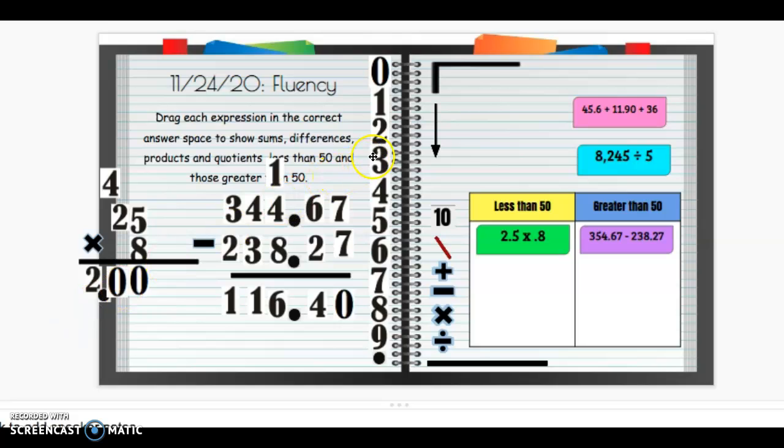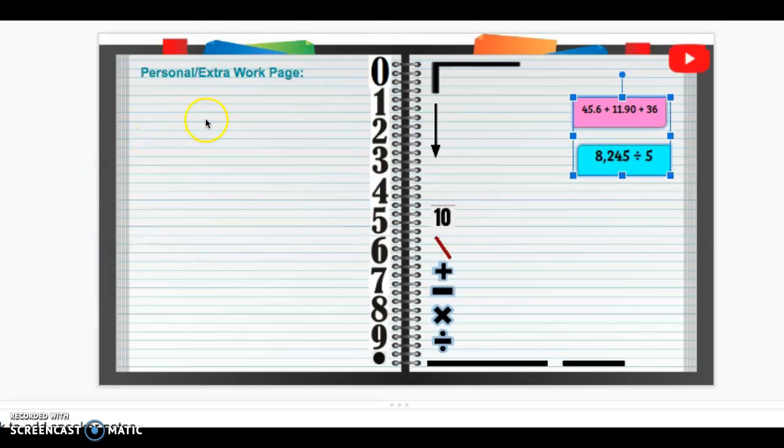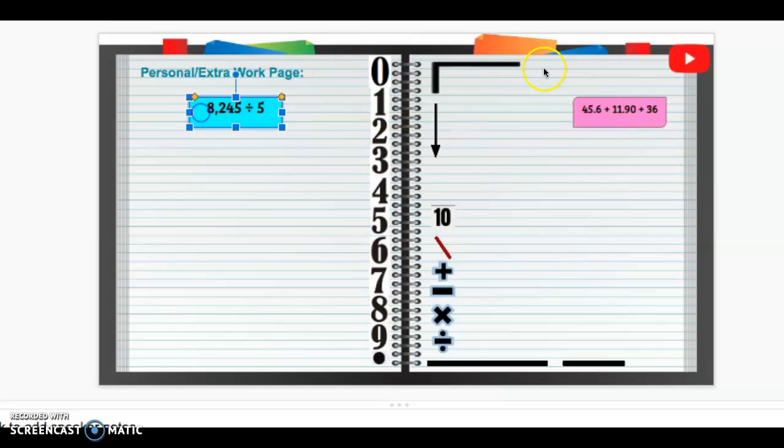So I have added another slide. I'm going to copy these and put them on slide 10, because that's where you're going to go to show your work. We're going to show our work with 1 on this side and 1 on this side. So let's do the 8,245 divided by 5 first. So we're dividing.